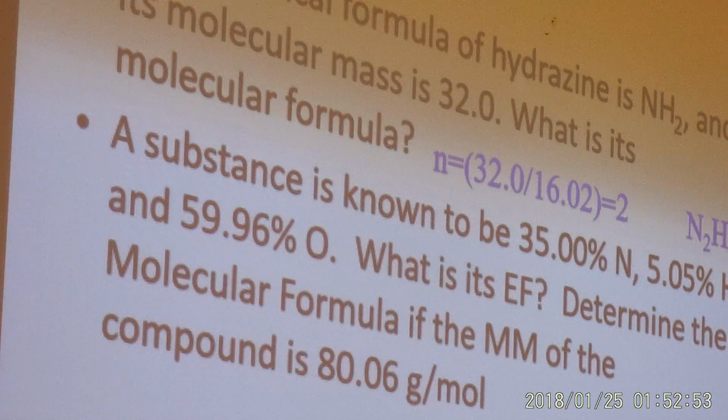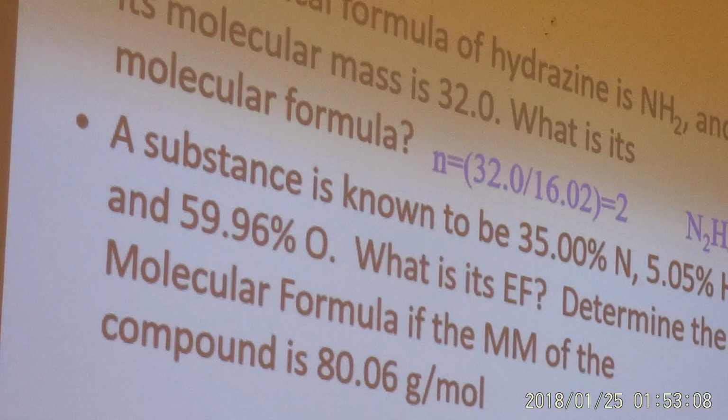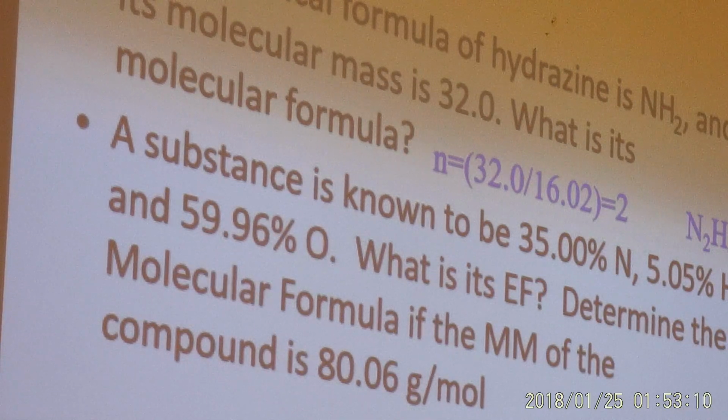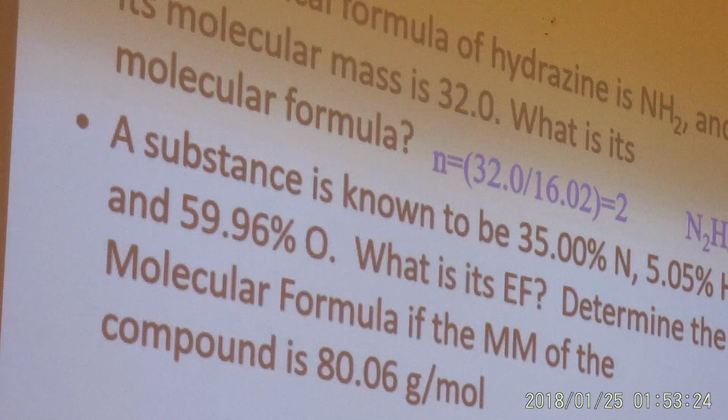So this is the moles of these materials. We need moles. Moles of what? What do we want to do first? Nitrogen. So we go moles of nitrogen. We're also going to need moles of hydrogen, and we're also going to need moles of oxygen. All right?